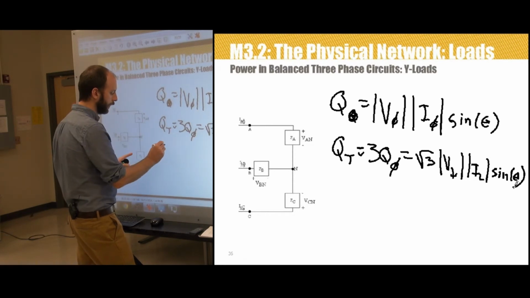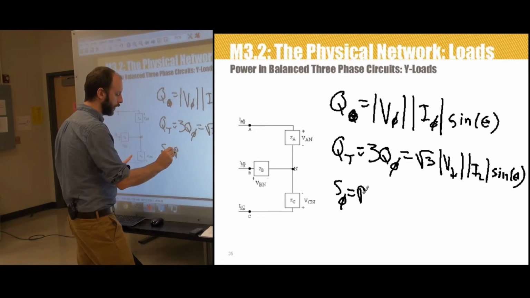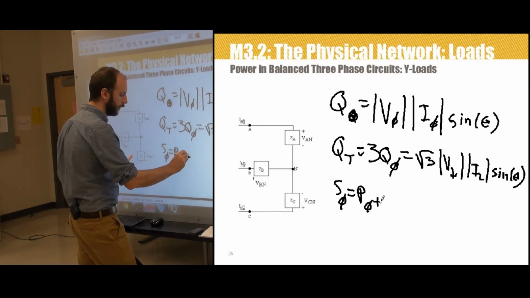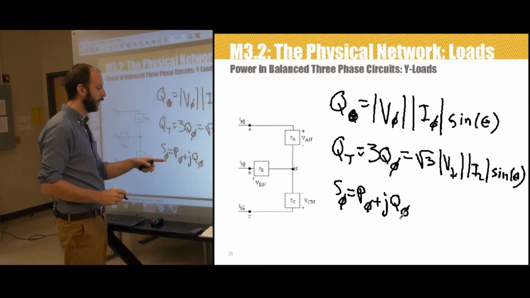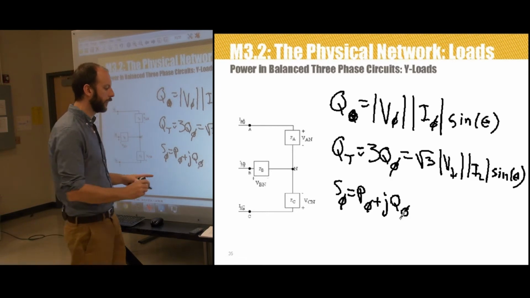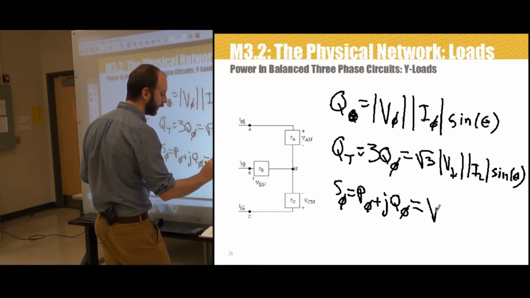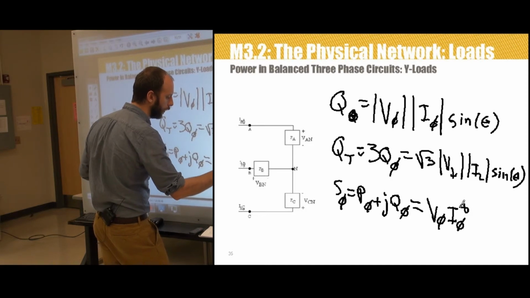S phase is just going to be P phase plus jQ phase. Right? Not too surprising right there. If I want the total apparent power, I just take those two. That can be directly calculated using the complex conjugate calculation that we showed previously.